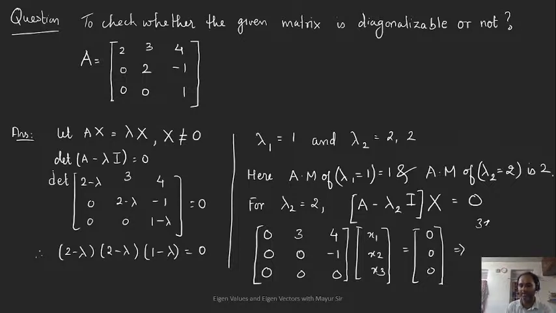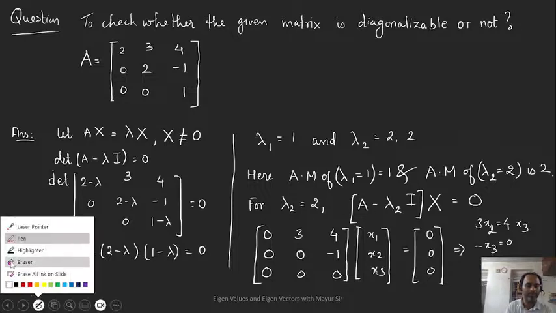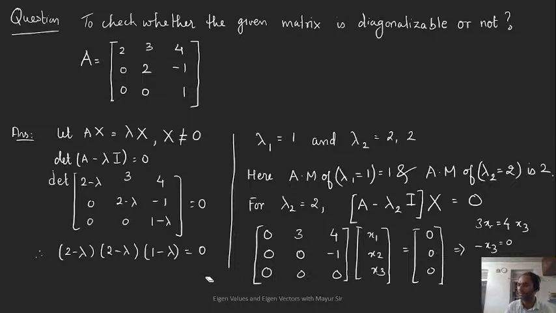We get 3x2 equals 4x3, and we will get minus x3 equals 0.